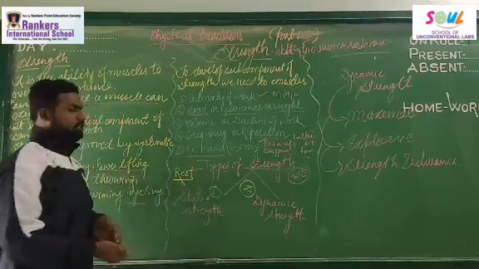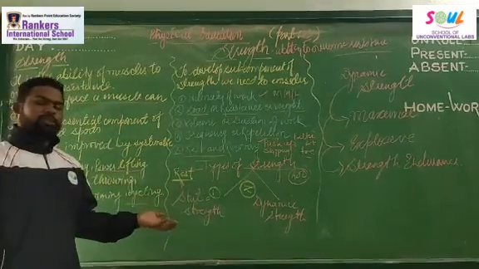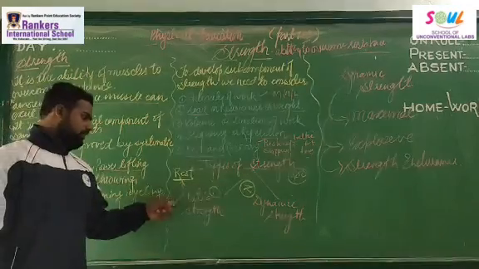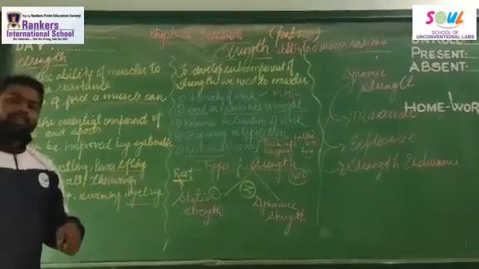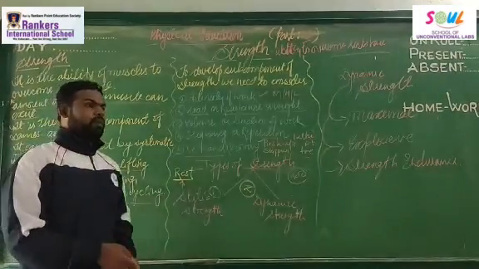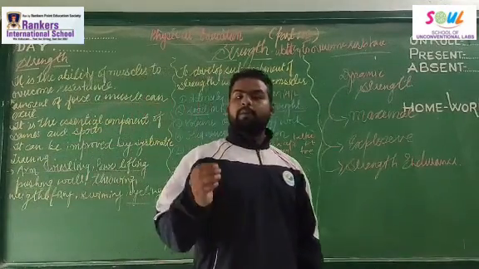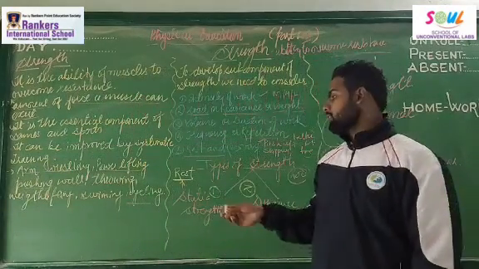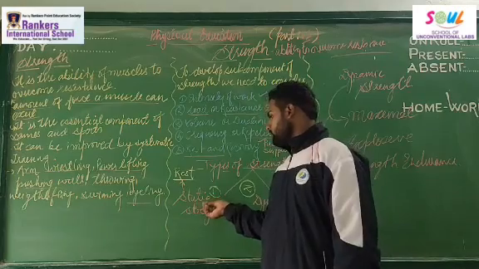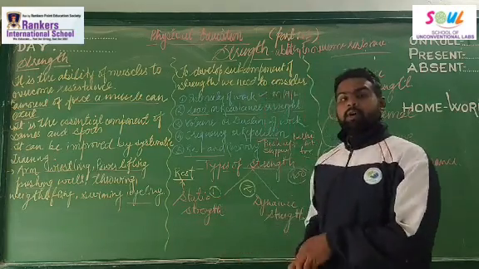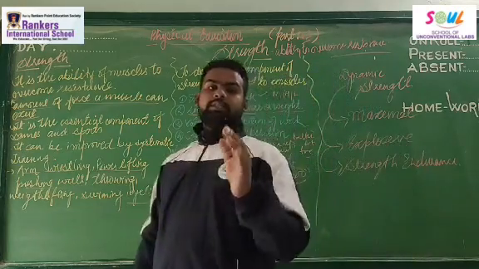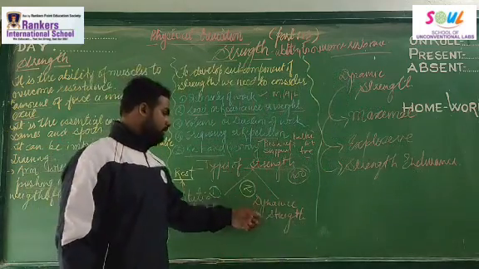So all the activities which we perform in a rest condition at a single position are static strength, right? The amount of force exerted by the muscle from a single position is also called static strength. Now what is the second kind of strength? The second kind of strength is dynamic strength.